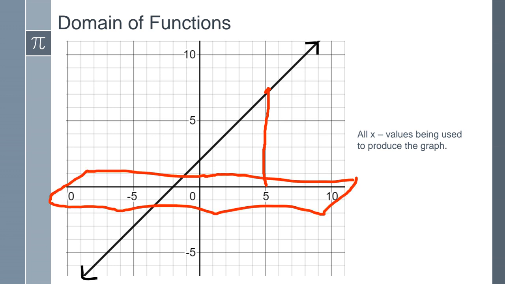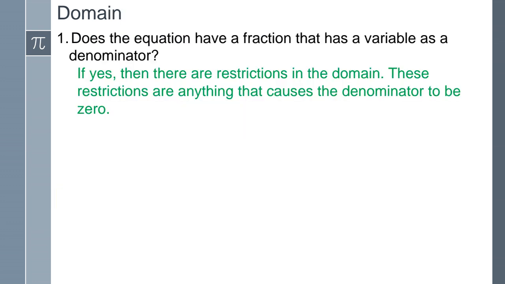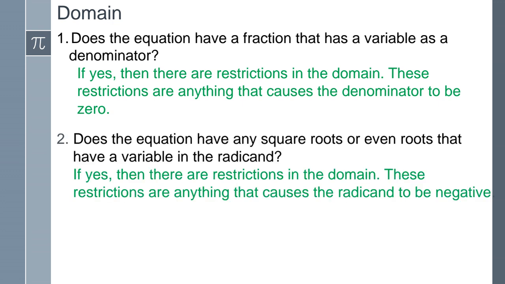And so one of the things I like to tell my students is think about the domain is going to have some restrictions, and they're going to appear anytime you have a fraction that has a variable in the denominator. So that's one thing to look out for. The other time that it's going to have restrictions is if you have a square root and if the radicand has a variable.